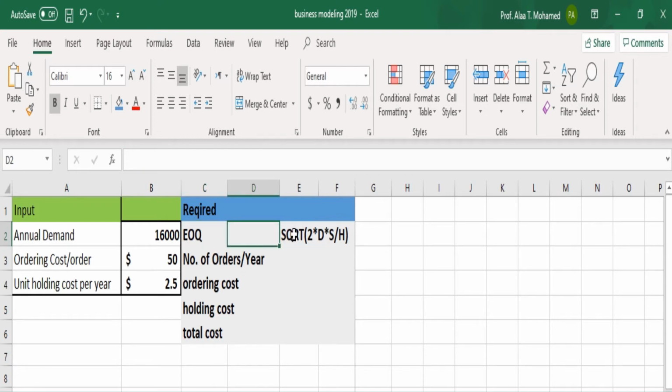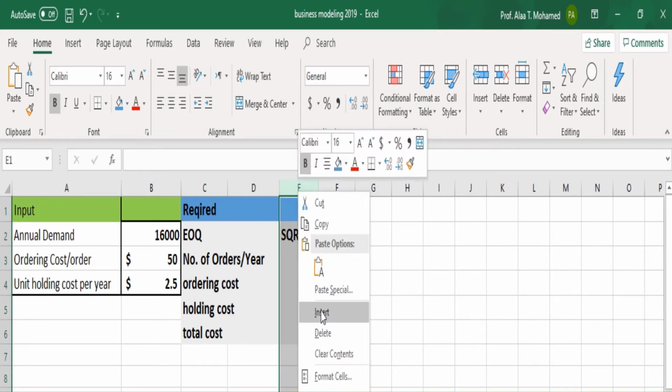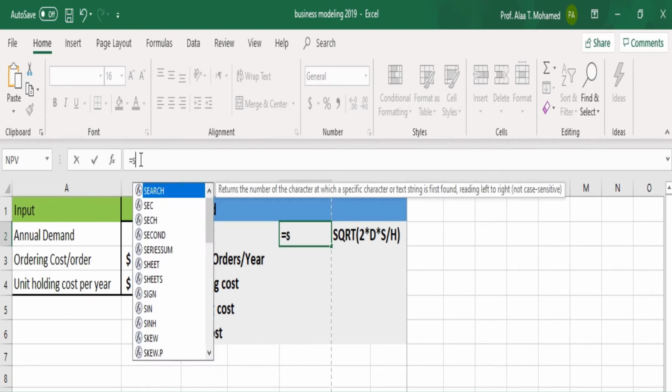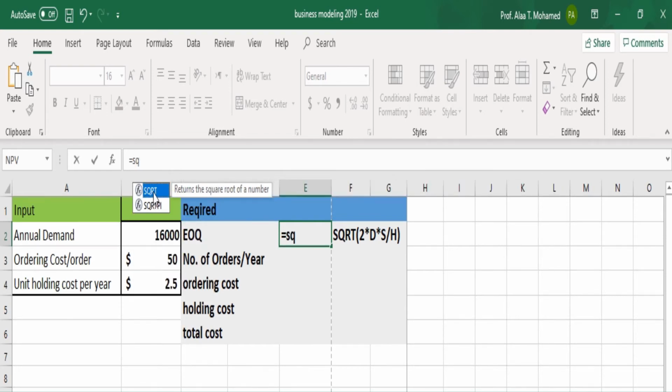So now the economic order quantity equal, okay, square root, two, and we have the demand D and we need to multiply by, you have the sign of star, and then we have the ordering cost all together, divide sign, and we have the holding cost per unit, which is 2.5.